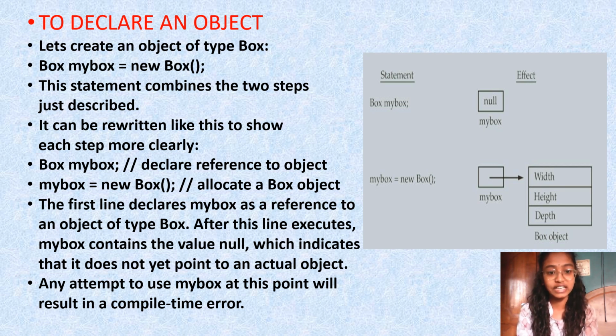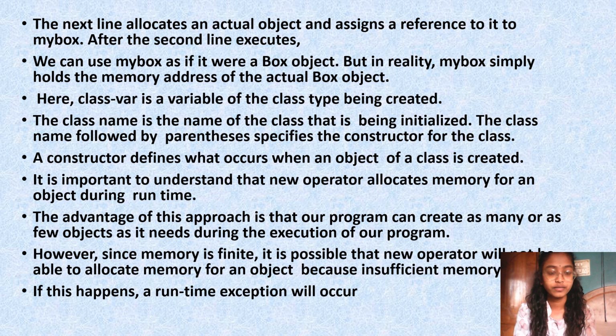The first line declares myBox as a reference to an object of type Box. After this line executes, myBox contains the value null, which indicates that it does not yet point to an actual object. Any attempt to use myBox at this point will result in a runtime error.